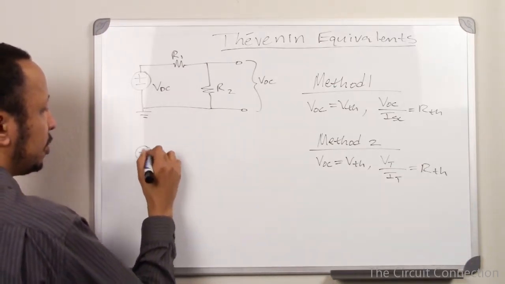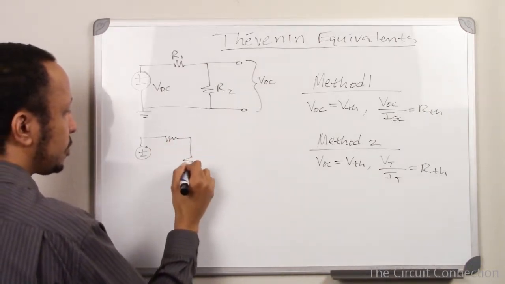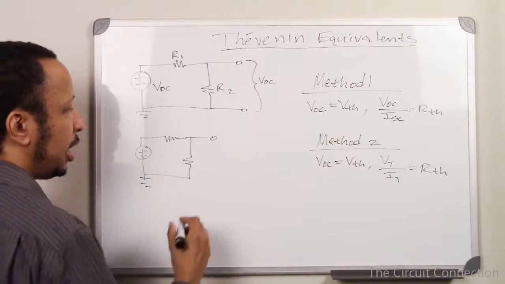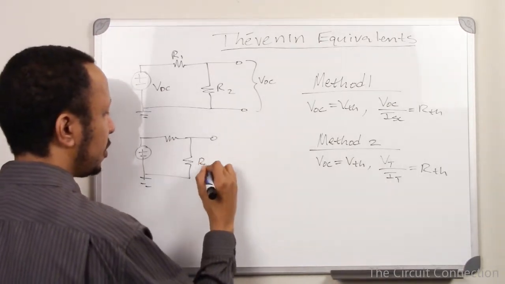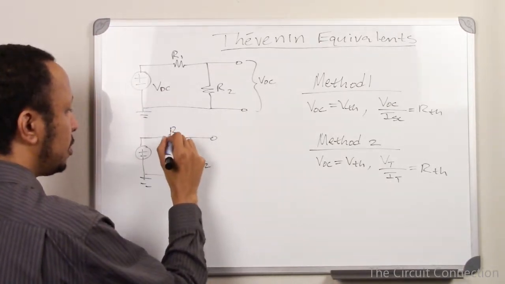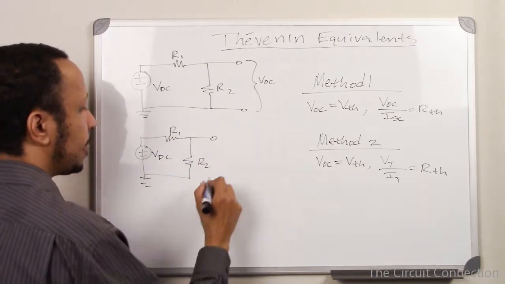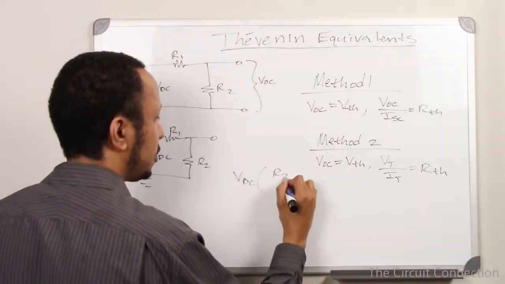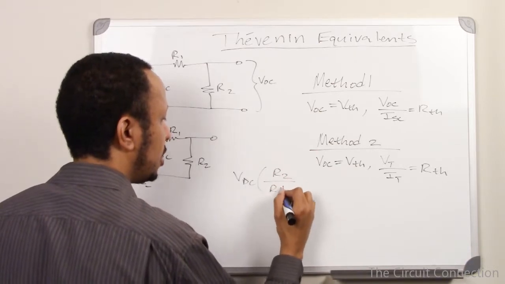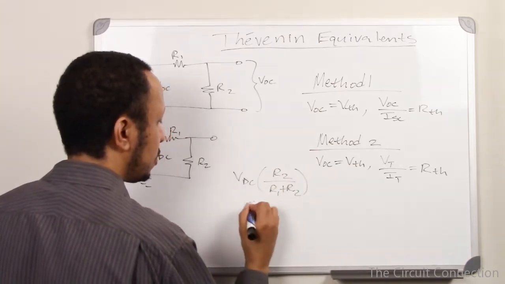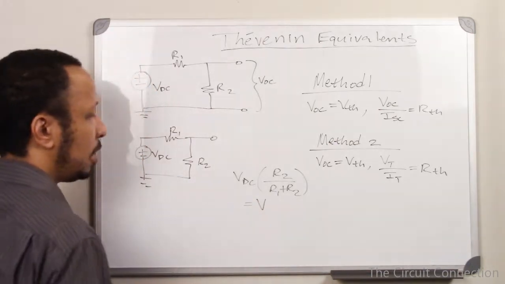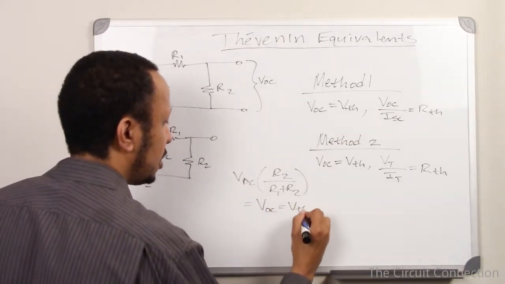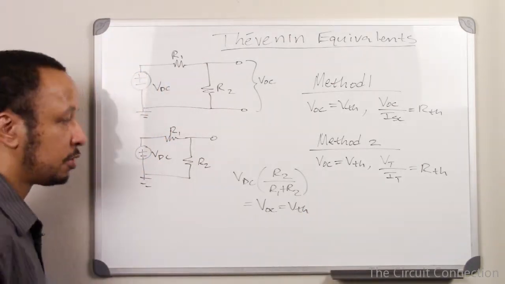That's a voltage divider network. With R1, R2 and VDC, it is VDC times R2 over R1 plus R2, which gives us V open circuit, which is equivalent to VTH.